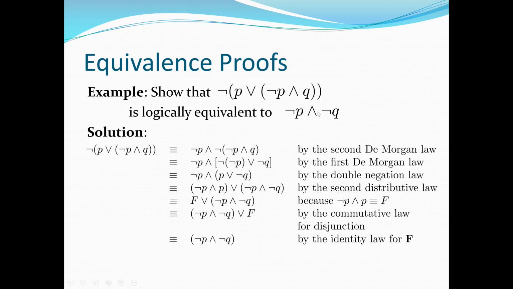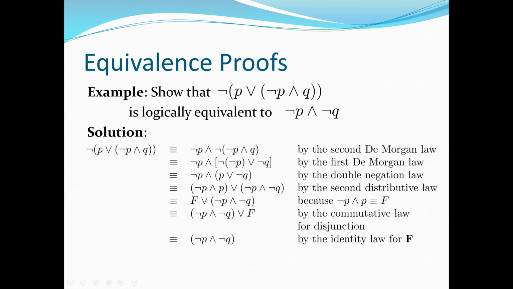If we arrive at this answer, that means both expressions, or in this case propositional expressions, are the same, or equivalent. So we write down the complex expression here: not (P or (not P and Q)). Remember, we want to remove the negation in front of the outer parentheses first, before the inner parentheses.